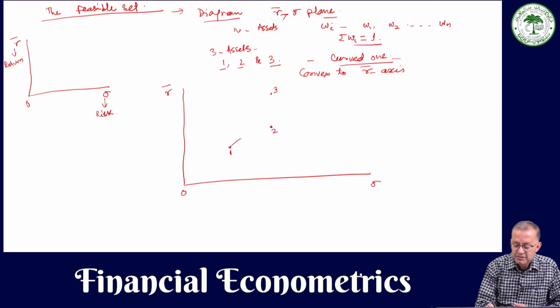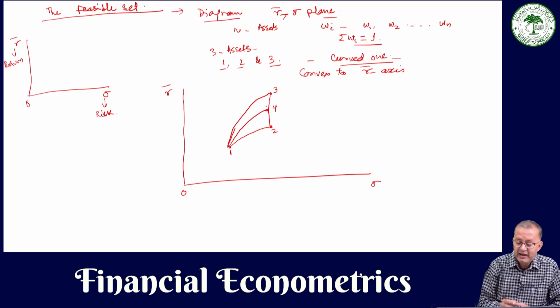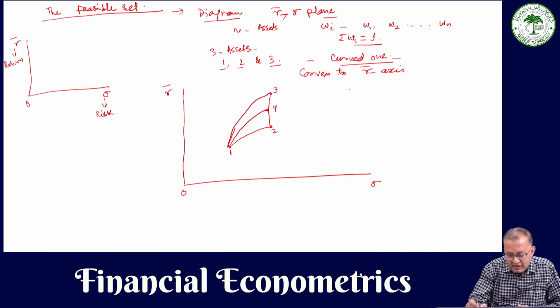So there could be a path between 1 and 2, another path between 1 and 3, there could be a path between 2 and 3, and suppose there is another asset, 4, another path could be there between 1 and 4. So what do you find? The family of all these curves makes a solid region in a two-dimensional graph.